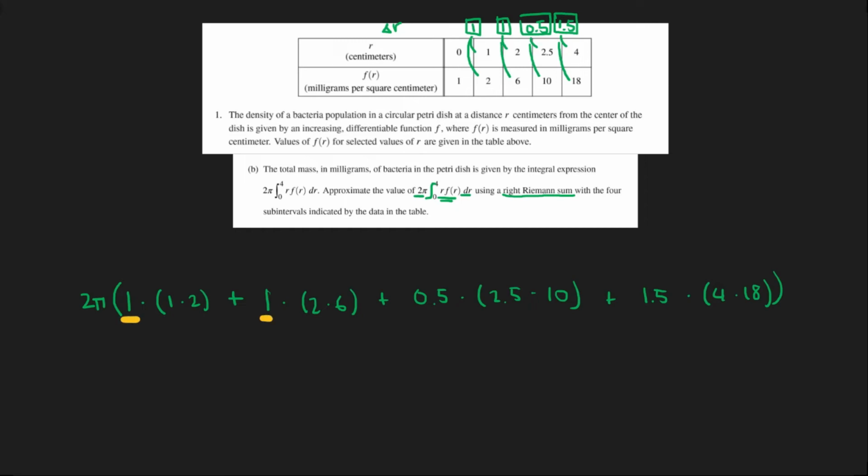These are the widths of the subintervals, and then these in blue are the heights. And since we know that it's a right Riemann sum, up here, again, we use the values on the right. So moving on, if we wanted to, we could just leave it unsimplified and give this as the answer.